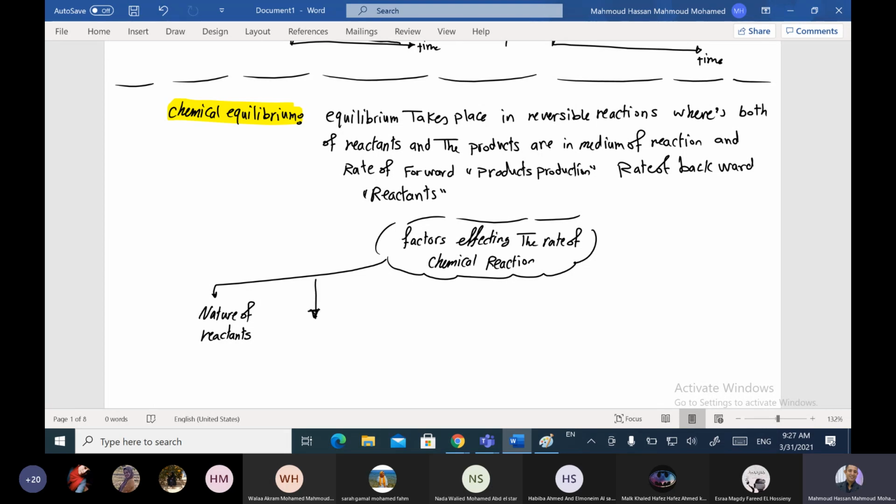Concentration, pressure, temperature, light, and the last one is catalyst.